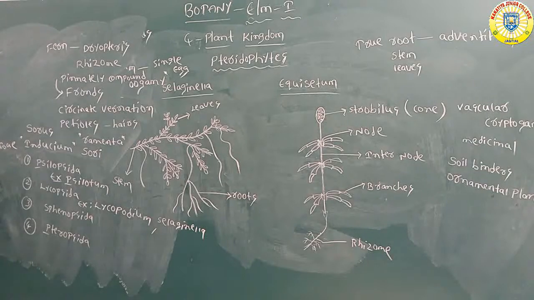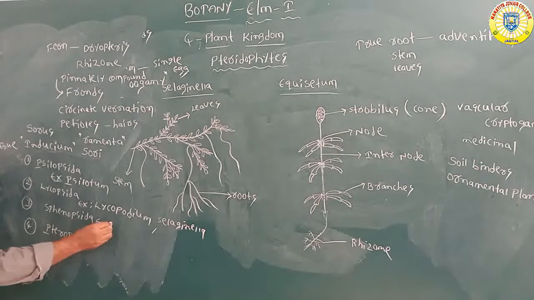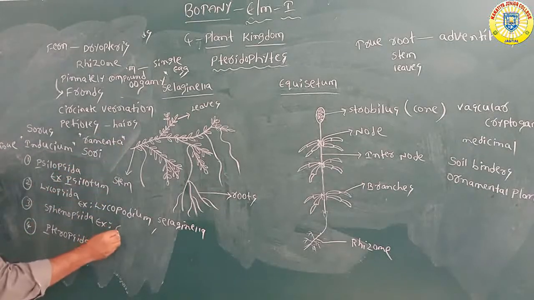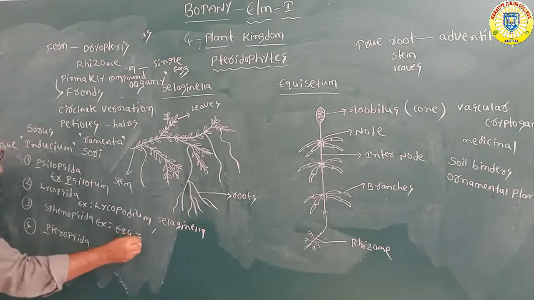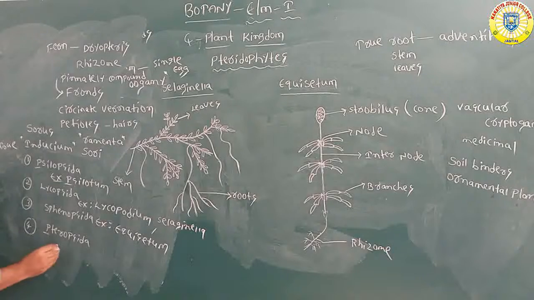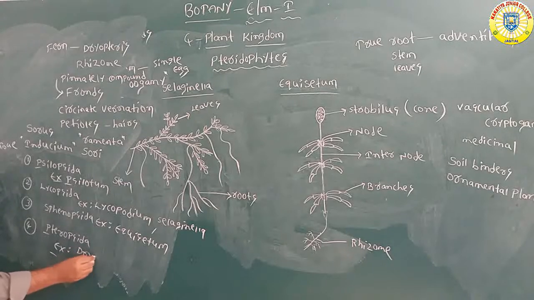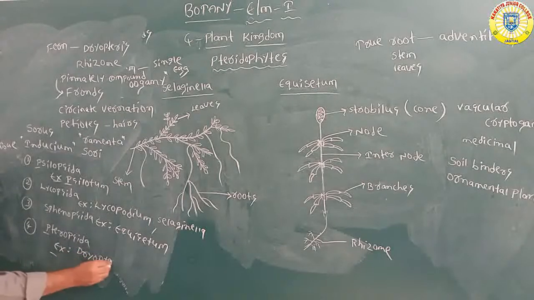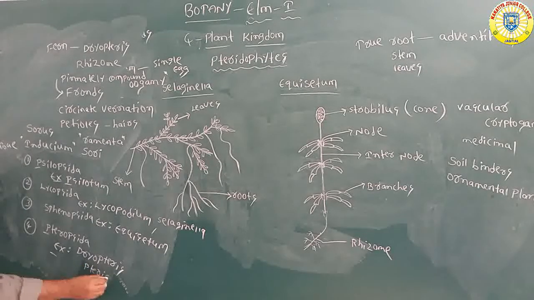Next, Sphenopsida, the best example is Equisetum. Next, Pteropsida, the best examples are Dryopteris, Pteris and Adiantum.